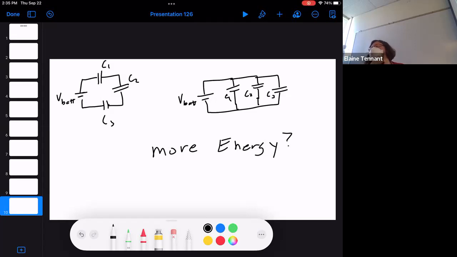Say again? Let me ask you a different question. In which of these setups would the potential difference across the capacitors be greater?